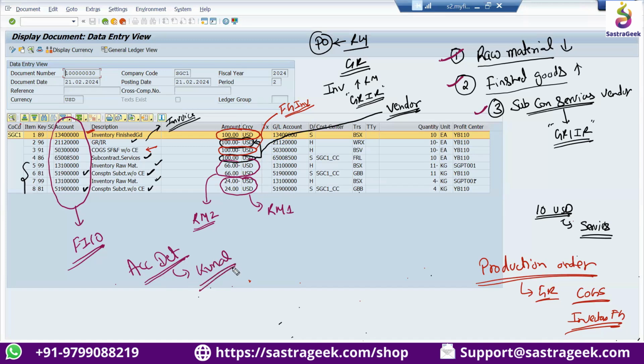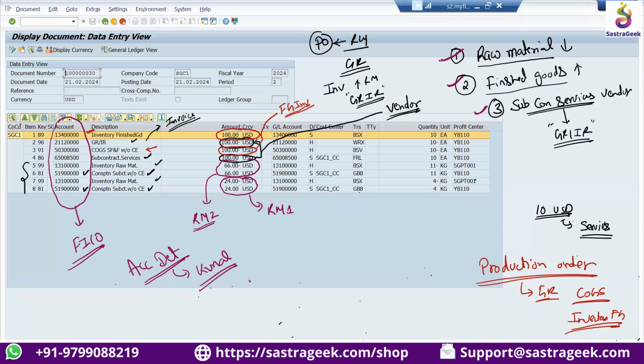That explained what configurations we need to do with the help of the FICO team so that our account determination can hit correctly. But these are the entries which hit in the subcontracting. That's why this question is asked very commonly, because normally in PO GR we have two accounting entries. Here we have multiple accounting entries. So you need to understand why multiple accounting entries are coming into the picture.